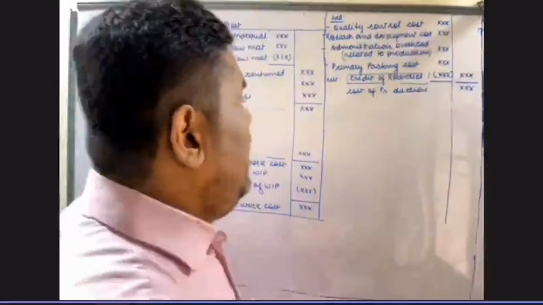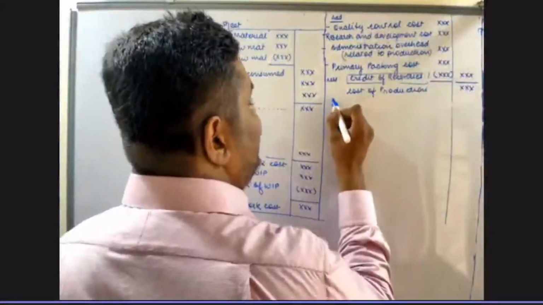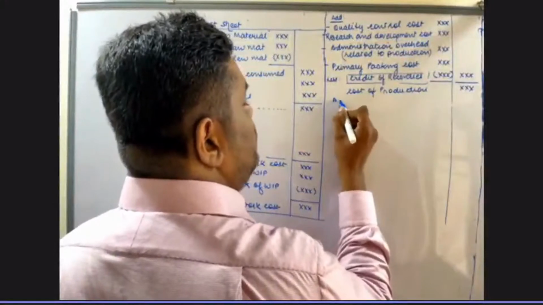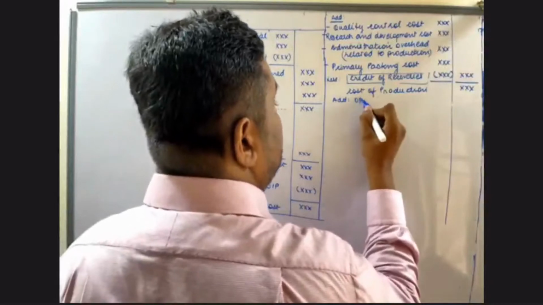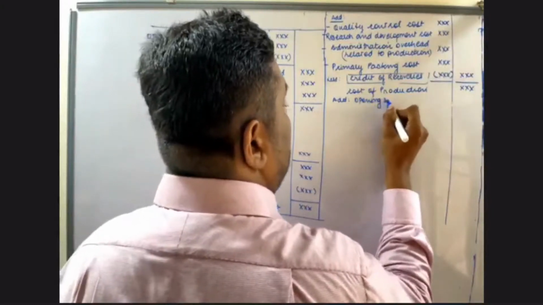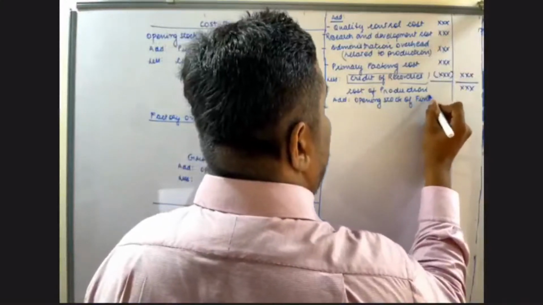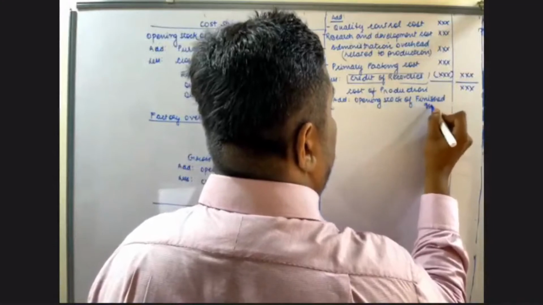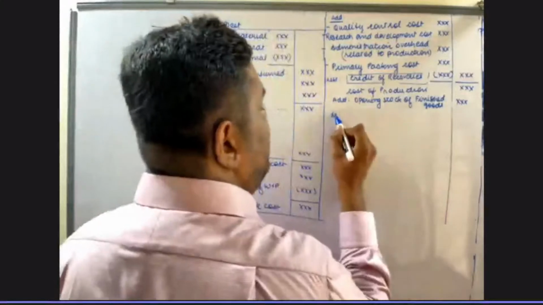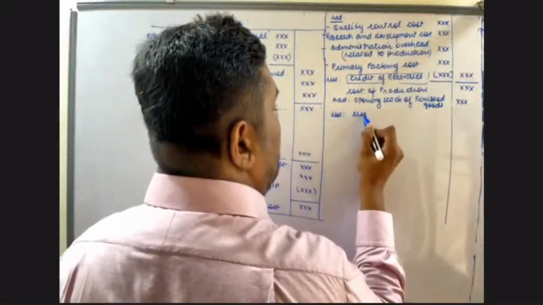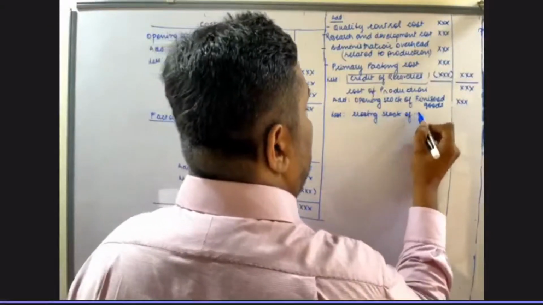Now after calculating the cost of production, we'll make adjustments of opening and closing stock of finished goods. So we will add opening stock of finished goods, and we will subtract closing stock of finished goods.